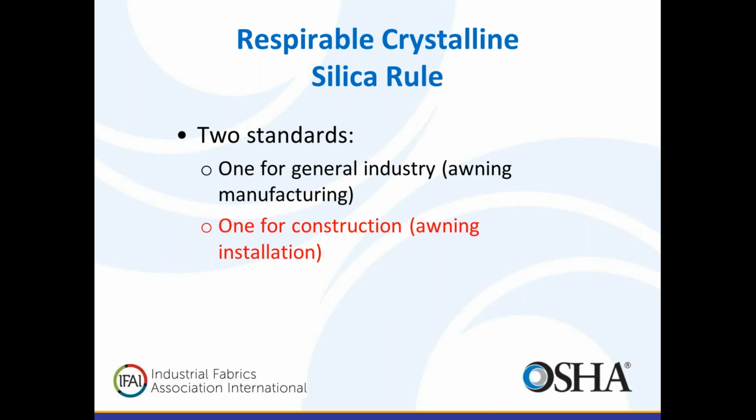Now, the 2 standards are almost identical in every way. The only difference between the 2 is that for construction work outside, you need to have a competent person, like a supervisor, that knows what's going on. And the one for the outside construction actually has a table in which they have different procedures and requirements for respirators that have already been thought out for you, so you don't actually have to figure the stuff out.